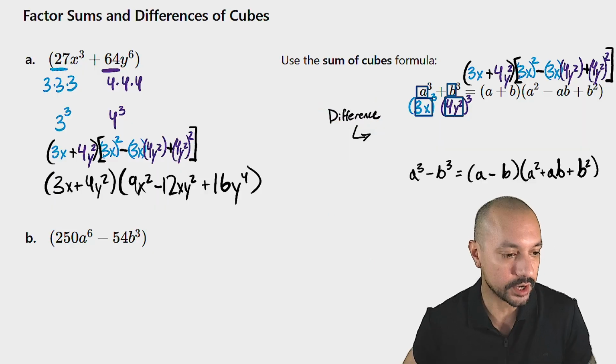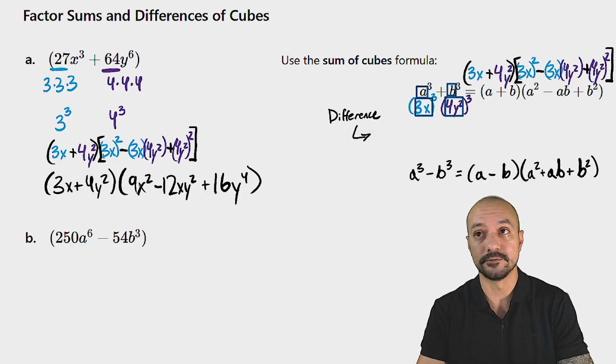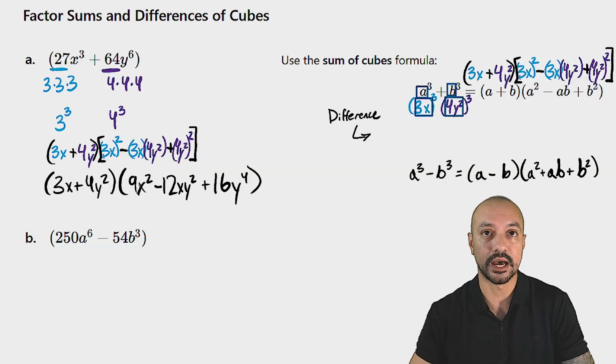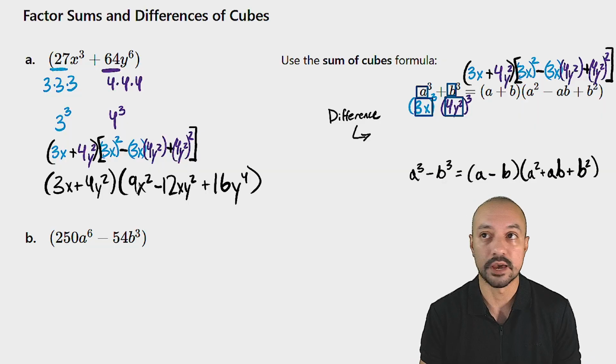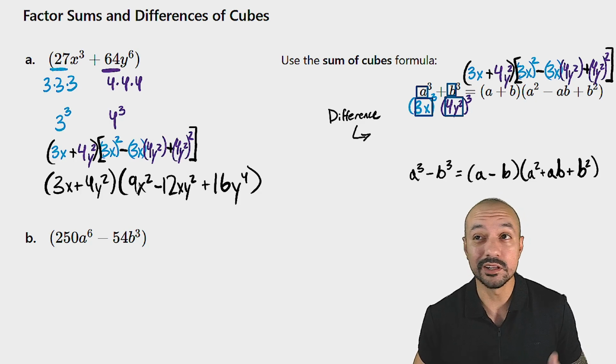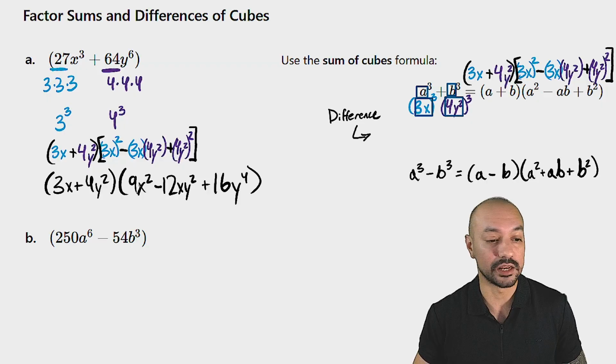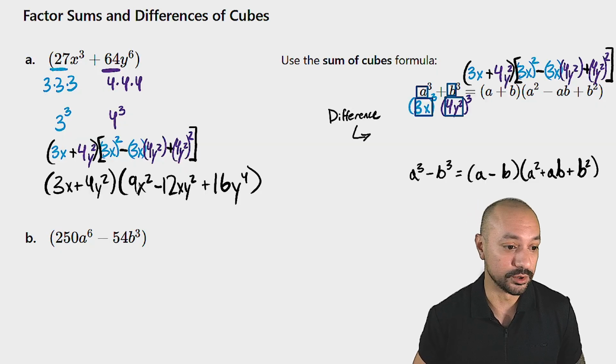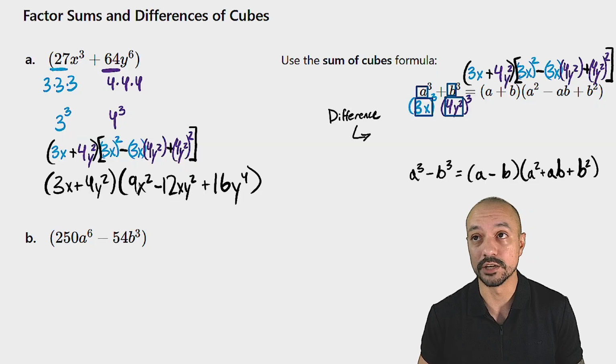All right, so let's go ahead and start part B. Part B says 250 times a to the 6th power minus 54 times b to the 3rd power. Now, I'm not really recognizing any cubes that are showing up here. So maybe there's a GCF that I need to take out. I can see that both 250 and 54 are even numbers.